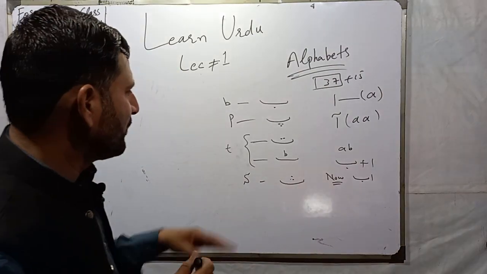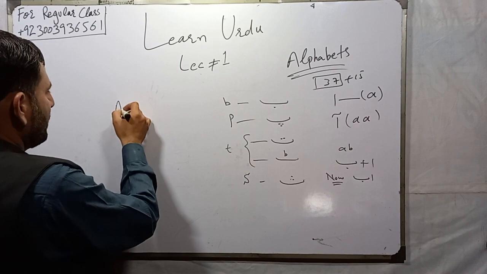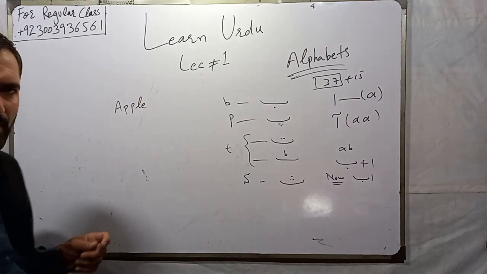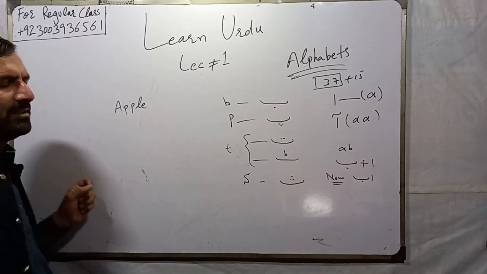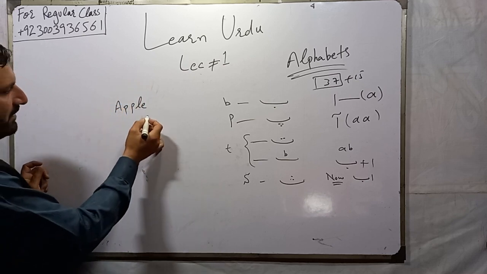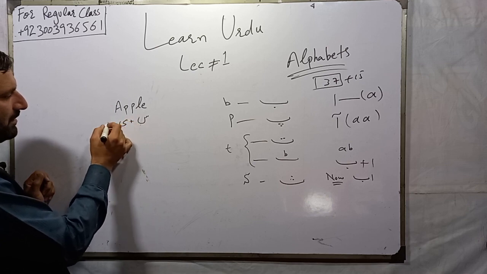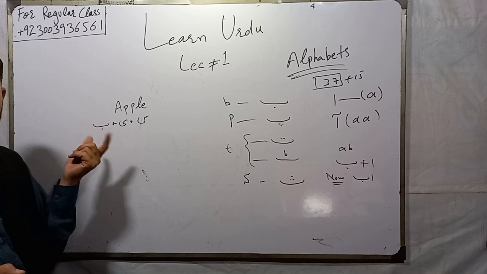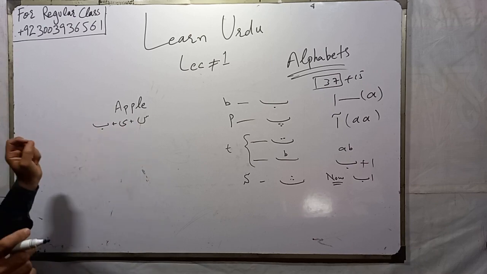In English, we write letters separately, just as apple. But in Urdu, we cannot write in this way. The letters of apple are the same, and apple is called the same in Urdu, but we cannot write it in this way. We have to write in joining.